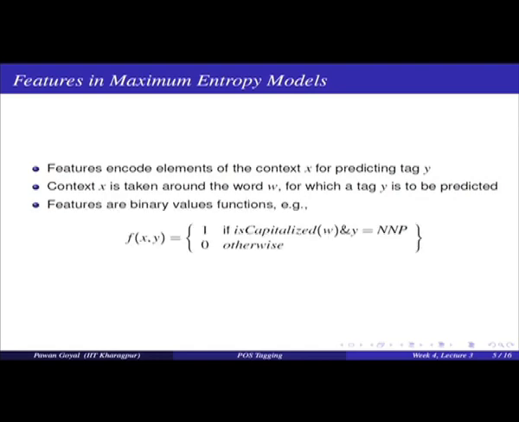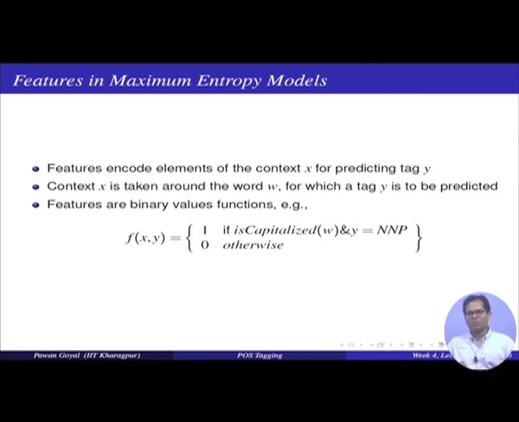Now what are my features? These are binary valued functions over x and y: f(x,y) is 1 if a certain condition holds on x and y, and 0 otherwise. Here is one example of a condition. I have the current word w. If the word w is capitalized and my tag y is NNP, then my feature f(x,y) will take a value of 1, otherwise it will take a value of 0. That is one sort of feature. Similarly, you can define any arbitrary set of features.